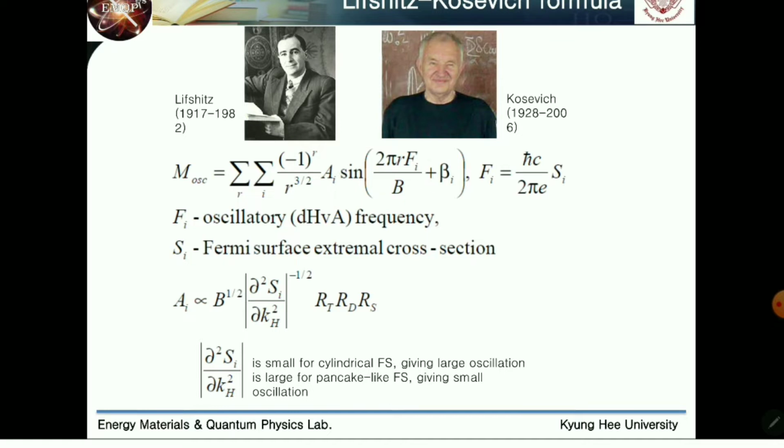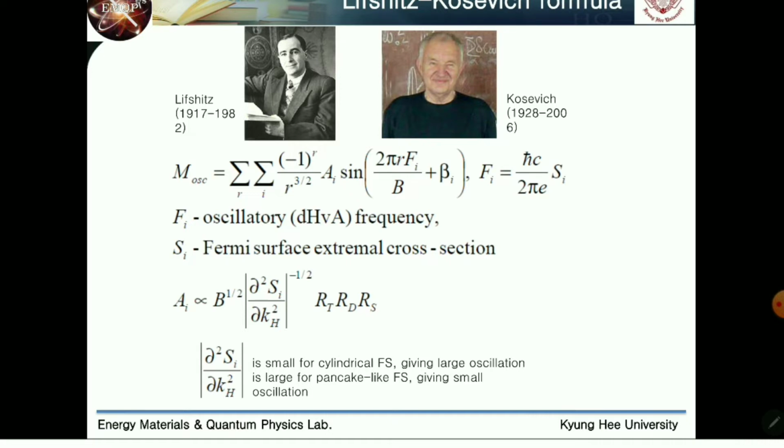By estimating the frequency with the fast Fourier transform, we can obtain the frequency of the quantum oscillation, and this frequency is directly related to the extremal orbit of the Landau tube.